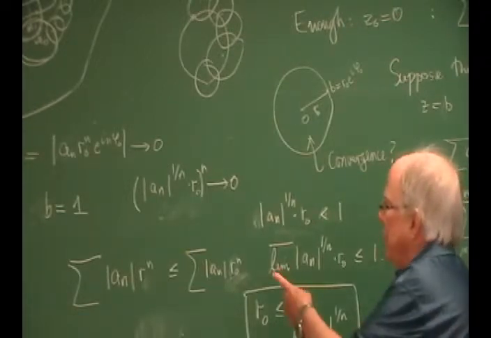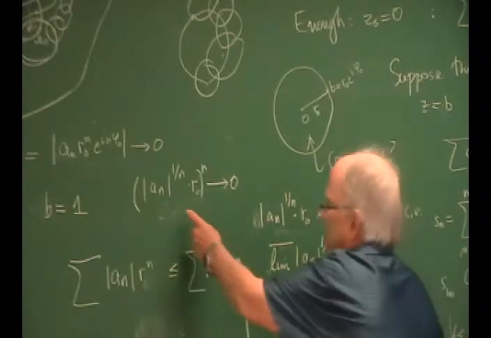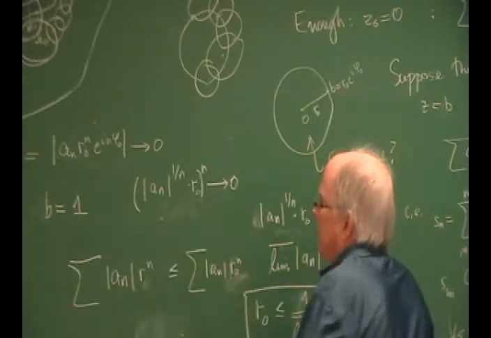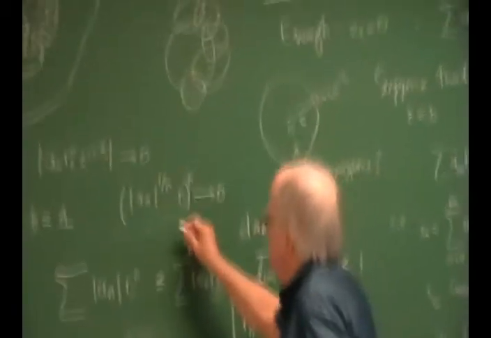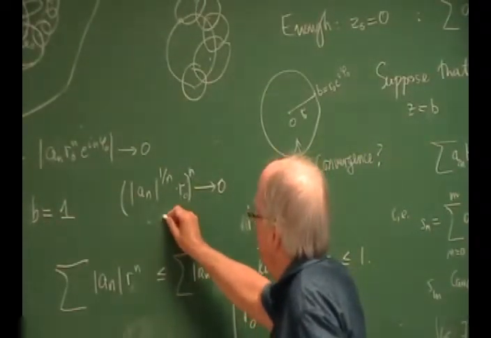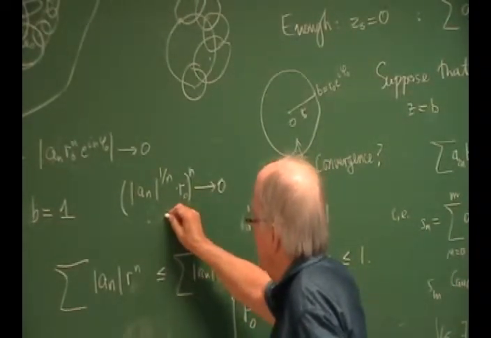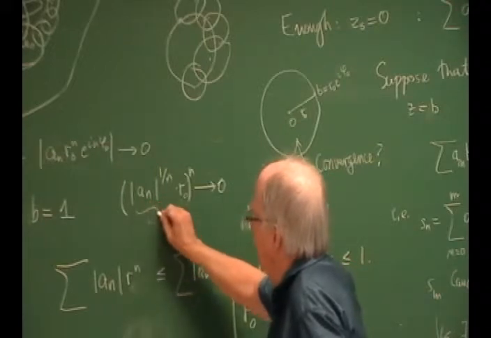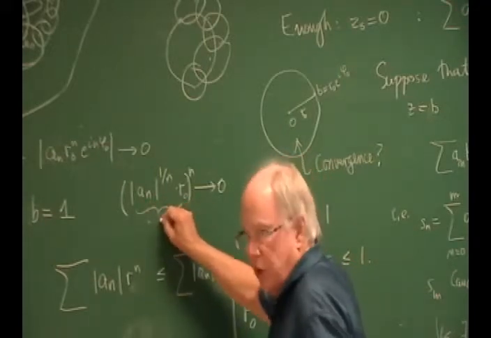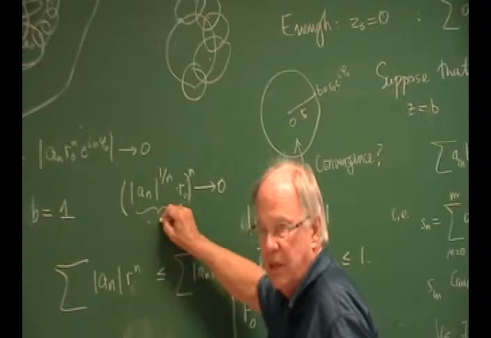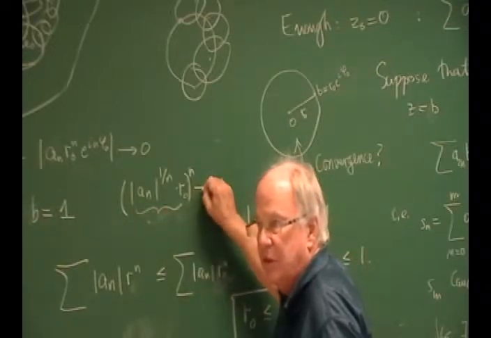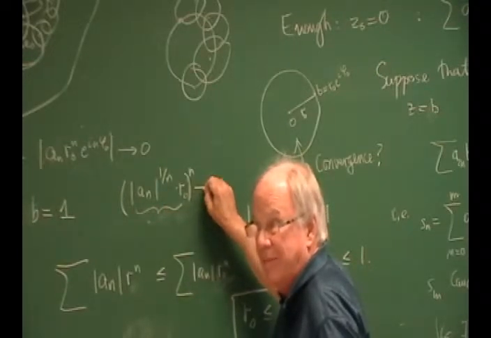So this goes to 0. This thing could be 1. What could happen is this thing could go to 1, and still this goes to 0, right?